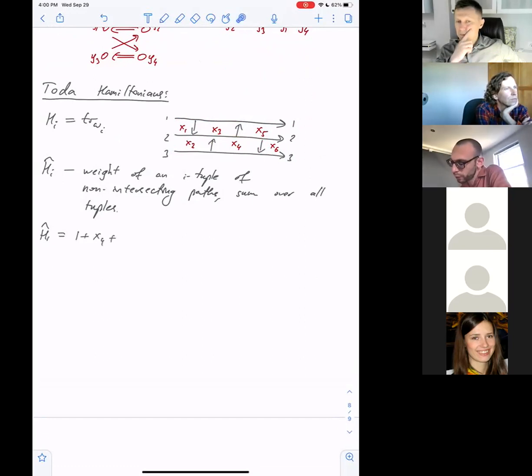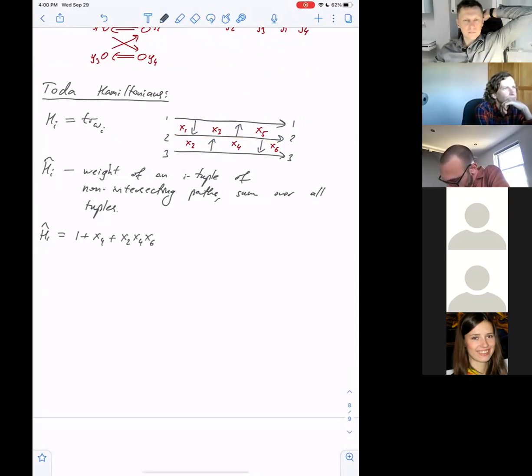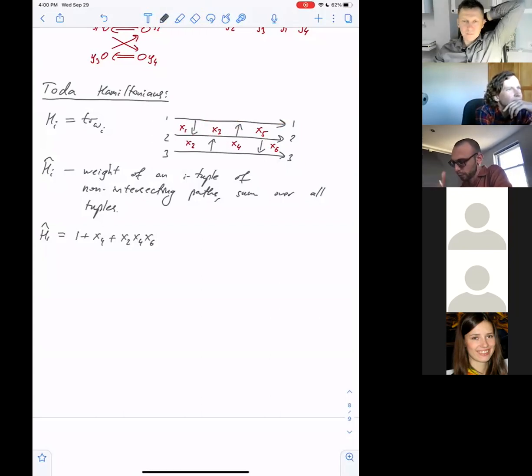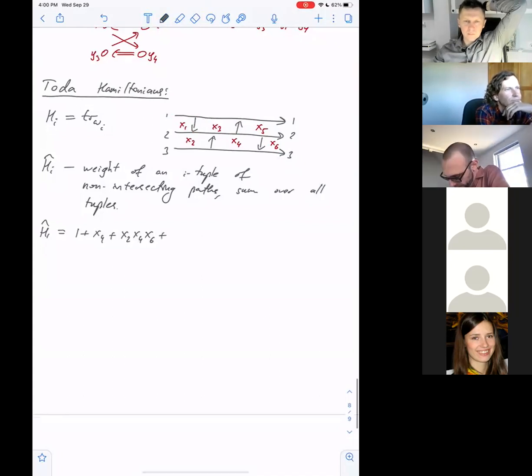Then for 2 to 2, there's just one way to go. So this is x2, x4, x6. And for 1 to 1, there's this path, and there's this path. So the top one just has the product of all the variables, and the bottom one all but x3. So I have x1, x2, x4, x5, x6 plus x1, x6.